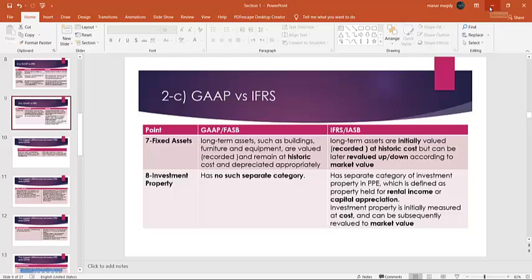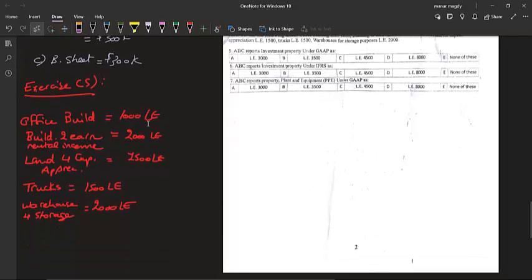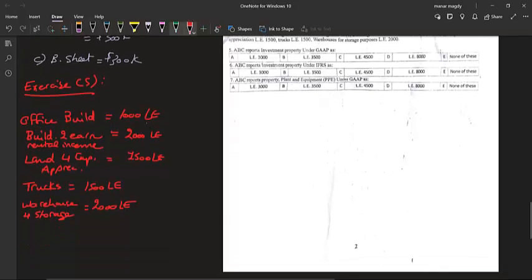and can be subsequently revalued to market value. So if we apply these rules, if we are applying IFRS, we're going to look for which items are bought for investment purposes. Office building, it is an asset. Building to earn a rental income, so this can be an investment property. And land for capital appreciation, so it's the same category.